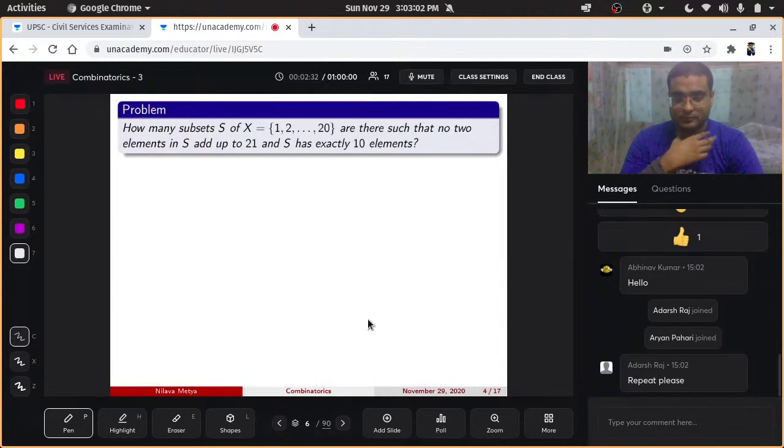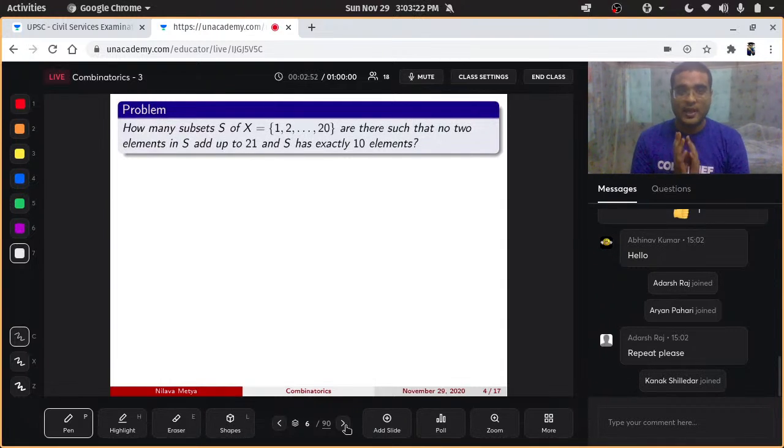All right, so I'll give you the options. Let me repeat again. You have the integers 1 through 20. You need to pick out exactly 10 numbers from there, so that out of the numbers that you have picked out, you cannot find two of them which add up to 21. Is the question clear?